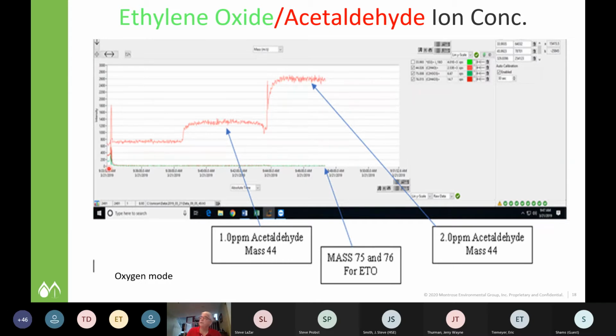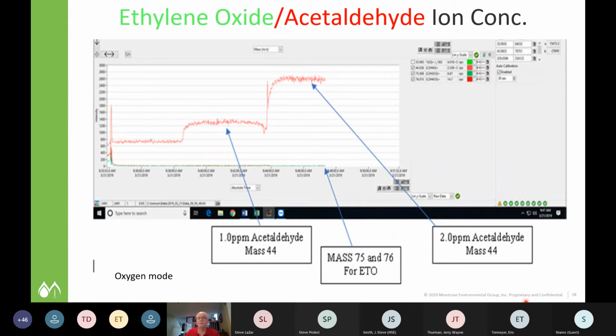If you look at the green line, and I'm sorry the picture's out of focus, when I expanded it, it wouldn't blow up any clearer, but if you look at this line on the bottom here, this is mass 75 and 76, and you see that when you're shooting the acetaldehydes, you get no response out of this in the bottom. So that confirms that we're actually only seeing ethylene oxide and not the mixture of the two.